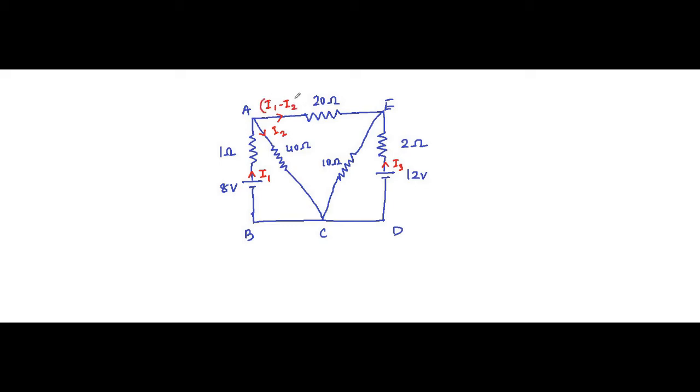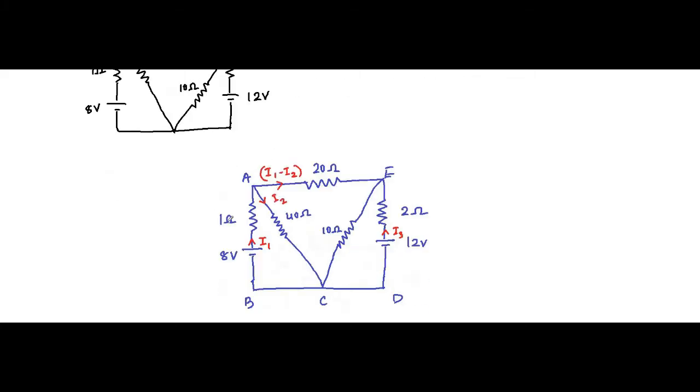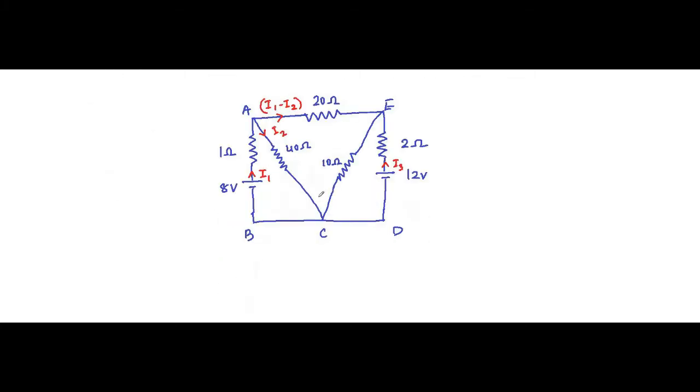For easier analysis of the circuit, we have named the nodes A, B, C, D, E. Here it is I2, and here I1 minus I2 and I3. I1 minus I2 is flowing towards node E, I3 is flowing towards node E, so this current will be I1 minus I2 plus I3.